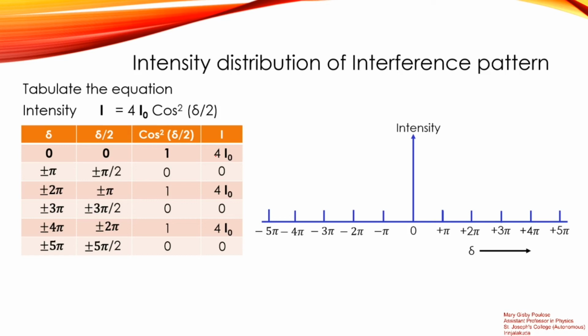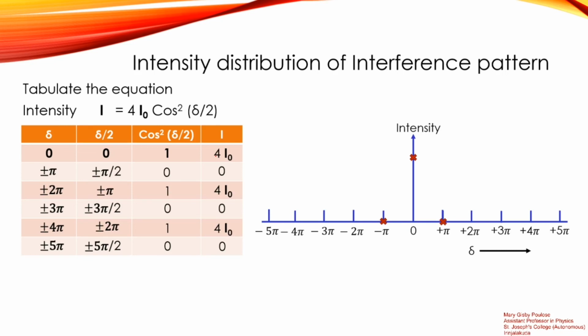Now, when delta is 0, the intensity is 4 I naught, and let us represent it at this point. When delta is plus or minus pi, the intensities are 0. Let us represent it at these points.